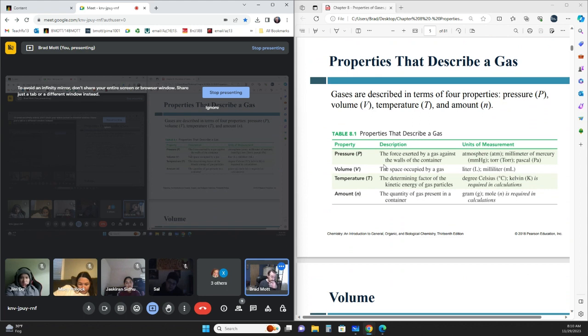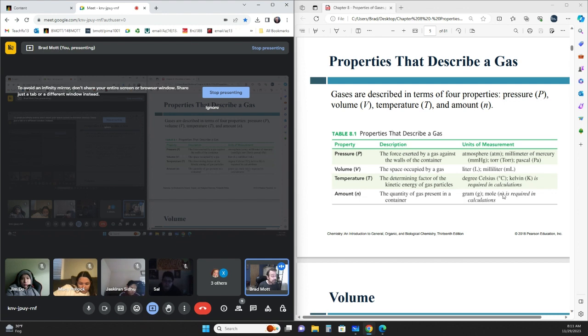And now that brings us right up to the variables we'll be looking at: the pressure exerted by the atoms running into the sides of the container, the volume, basically the size of the container, and the temperature, which is a measure of the kinetic energy, measured in Fahrenheit, Celsius, Kelvin, all those other things. You're not done with Kelvin. You're going to have to especially know the relationship between Celsius and Kelvin to successfully do your homework sets.